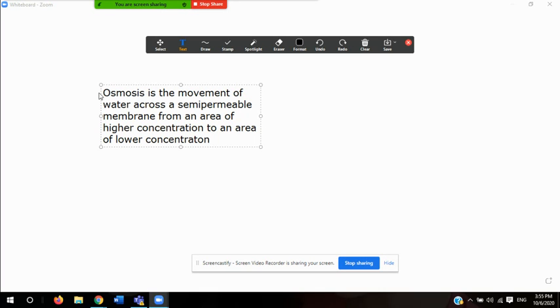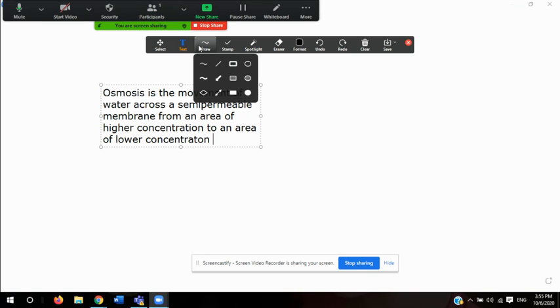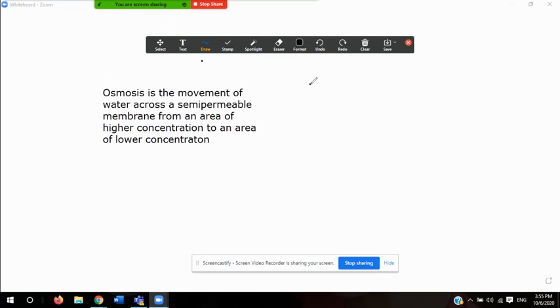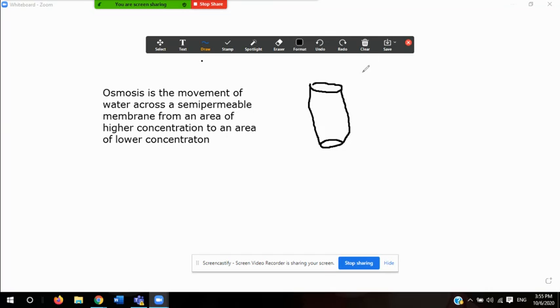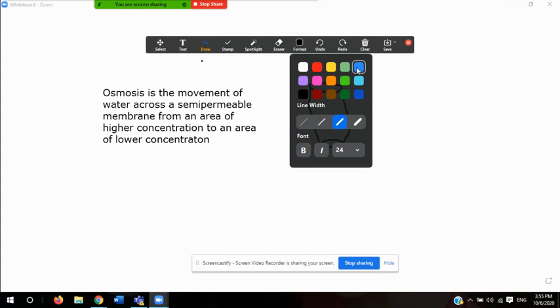Basically, I'm going to try to illustrate this as best as I can. So if we have a cup, and let me see if I can, with my awesome drawings on the Zoom board, draw something remotely similar to a cup. And of course, water is in this cup.